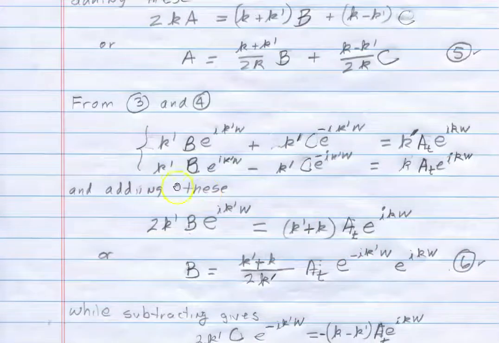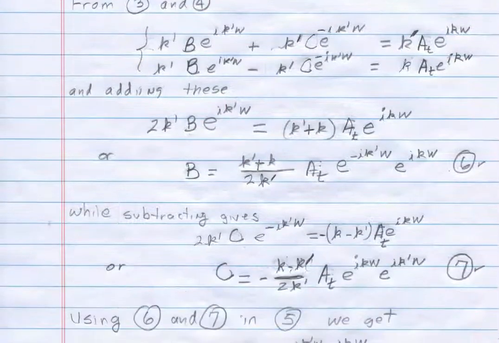And now then do the same thing. Now I'll subtract the 2. So subtract this bottom equation from the top equation. That will eliminate this term. I'll get 2k prime c e to the minus i k prime w. And I'll subtract this.